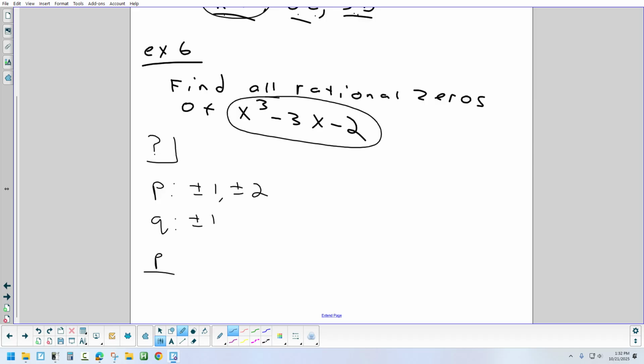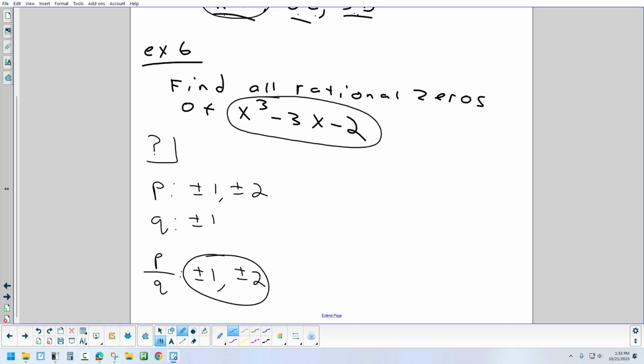So now, can somebody tell me all the p-values over all the q-values? What are the different options? Yeah. 1 over 1. Anything else? 2 over 1.